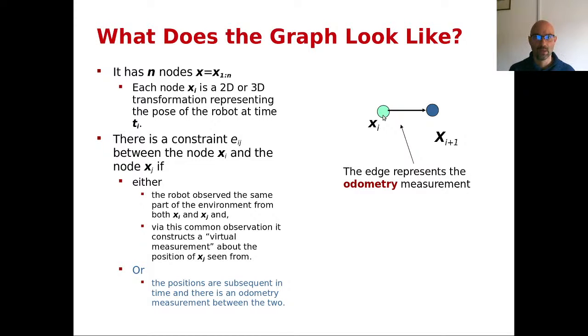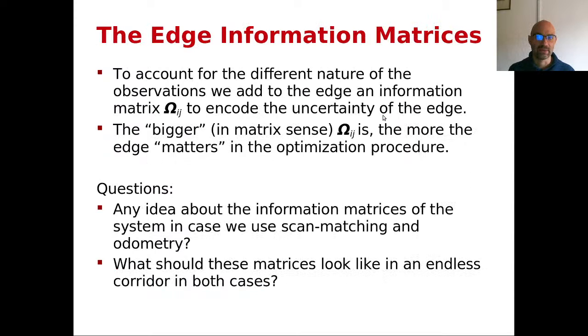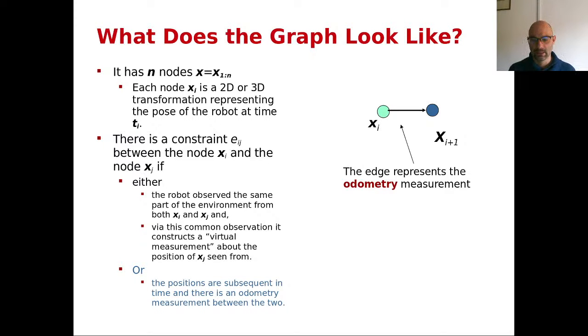Okay? Now, once we have that, we might consider one thing. We have to boil down in the end the graph optimization problem in terms of a least squares system. And so far we often disregarded this information matrix omega.